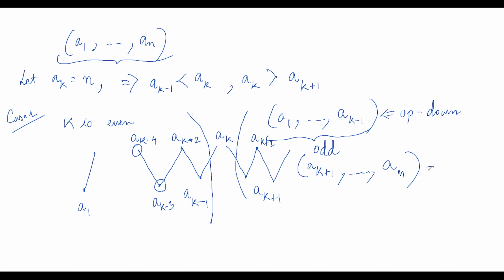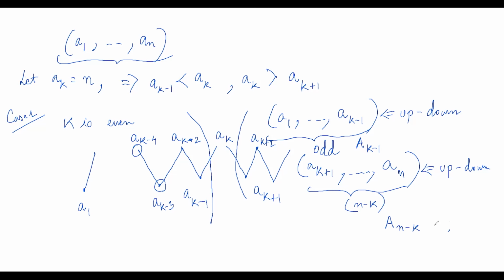Now of length k minus 1, how many up down permutations do we have? According to the definition, if the length was n, then it's an, so if the length is k minus 1, it's a k minus 1. And here the length is n minus k, and so the number of up down permutations of length n minus k will be a n minus k.